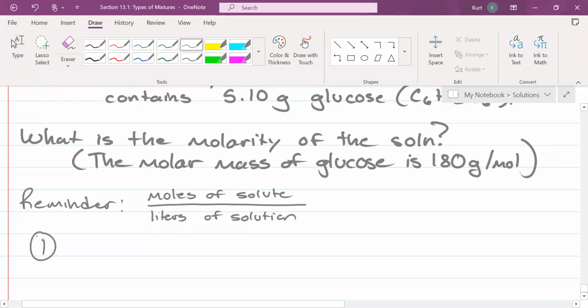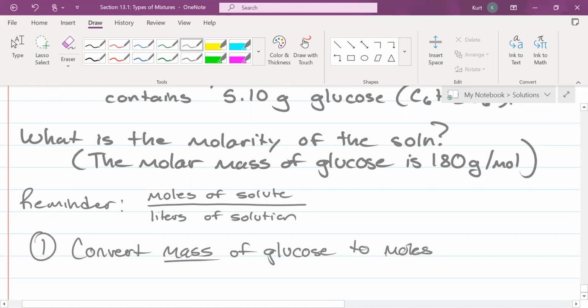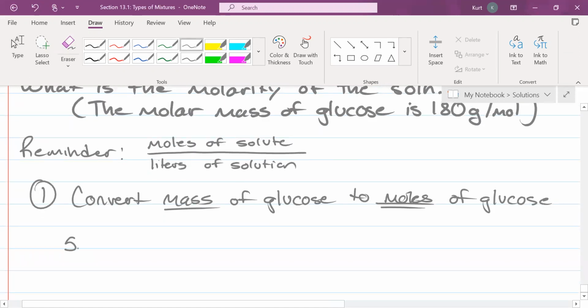So first thing is convert mass of glucose to moles of glucose. I gave you the molar mass. So you want to start with 5.10 grams of C6H12O6. That was in the word problem. You're then going to divide it by the molar mass.